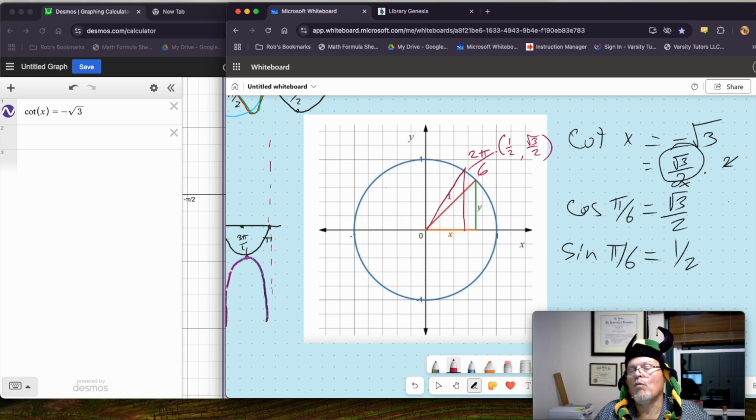And so I want it to be -2, so I've got to go to the 2 spots where the cosine is -1/2. Now that is going to be the same reflected over the y-axis, or 4 pi over 6.